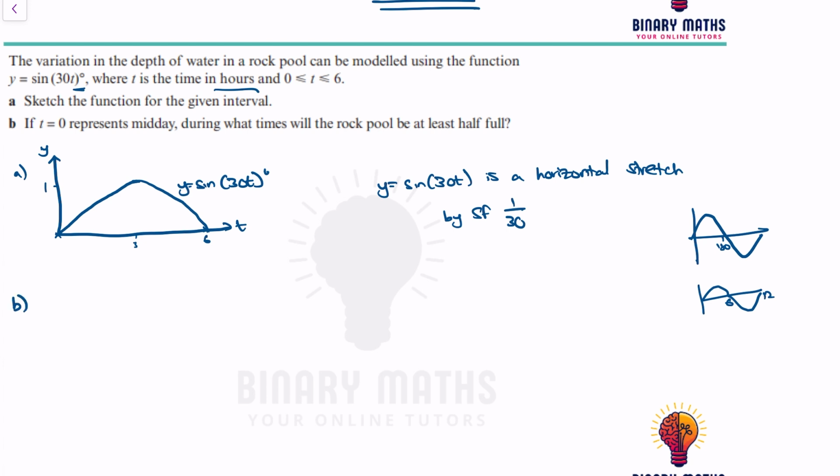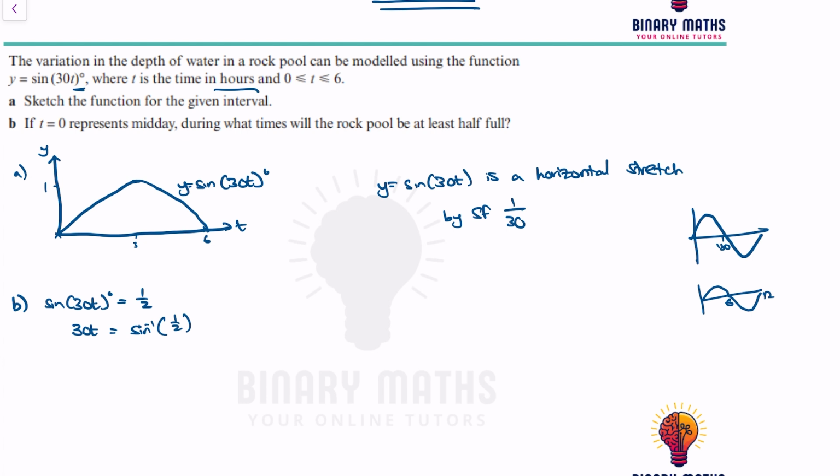B, if t is equal to 0 represents midday, during what times will the rock pool be at least half full? That means the function sine of 30t degrees will be equal to a half, which means 30t will be equal to inverse sine of a half.